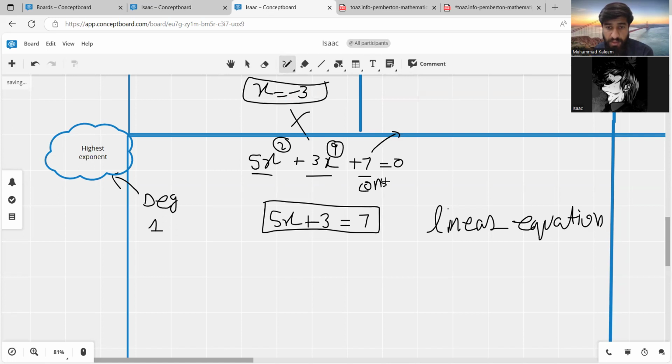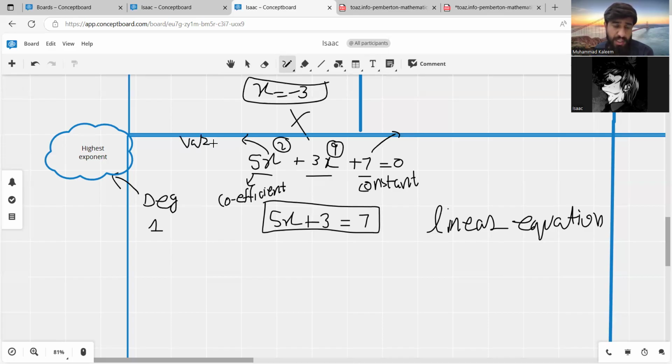We have a clear difference between constant and coefficient. Here, we cannot say 5 is a constant. 5 is not a constant. It's a coefficient. And x is a variable here. Any alphabet in our equation, in our expression, is known as a variable.